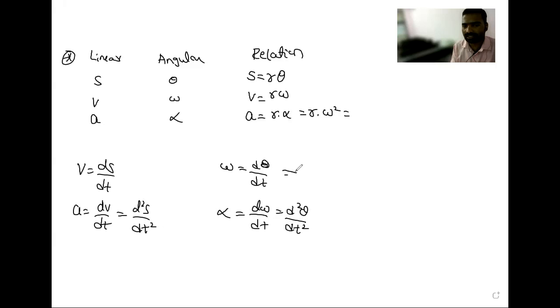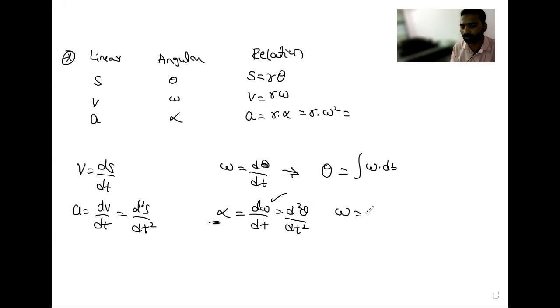So all of you concentrate. Whenever omega is equal to d theta by dt, can you determine theta? Integration. Yes, integrating both sides: integration of d theta equals integration of omega into dt. So whenever alpha is there, can you determine omega first?